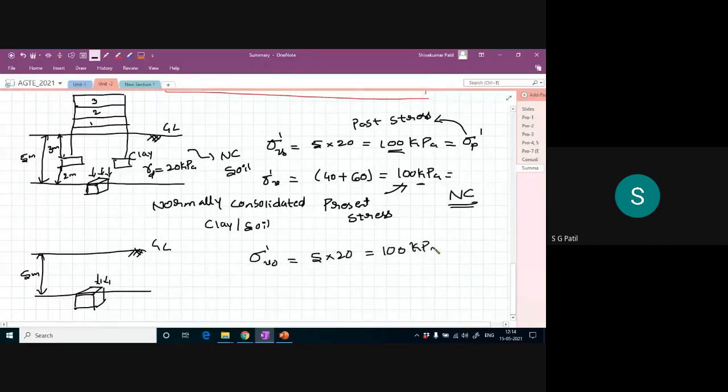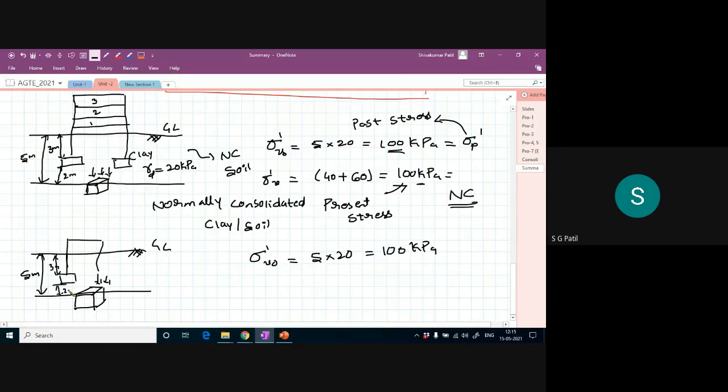Now this is my ground level, and this is my 5-meter depth, and here I want to find out the stresses.